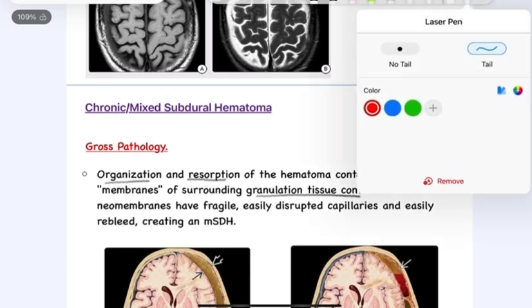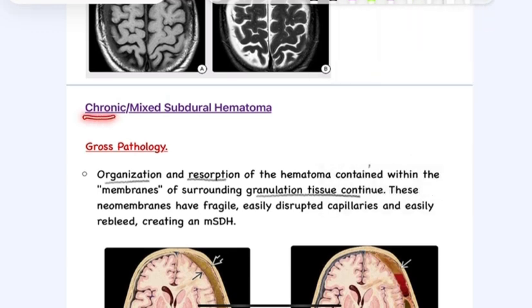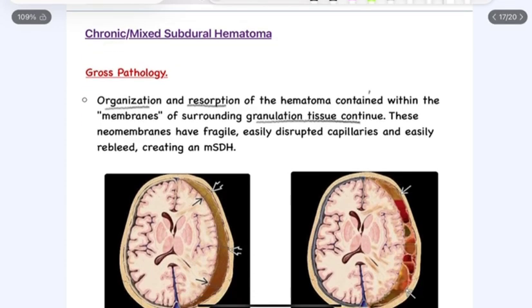Now we will study chronic or mixed subdural hematomas. Basically, organization and resorption of hematoma contained within the membranes of surrounding granulation tissue will continue, and these neomembranes are very fragile and can be easily disrupted.